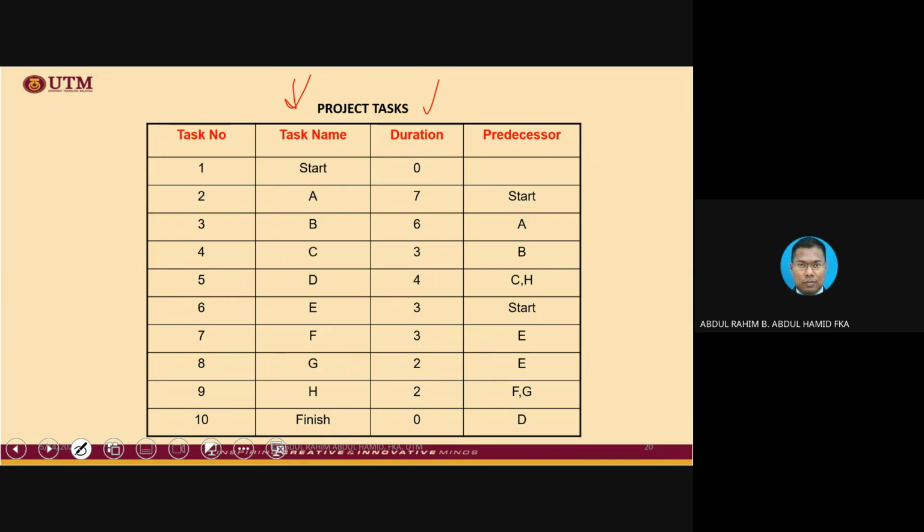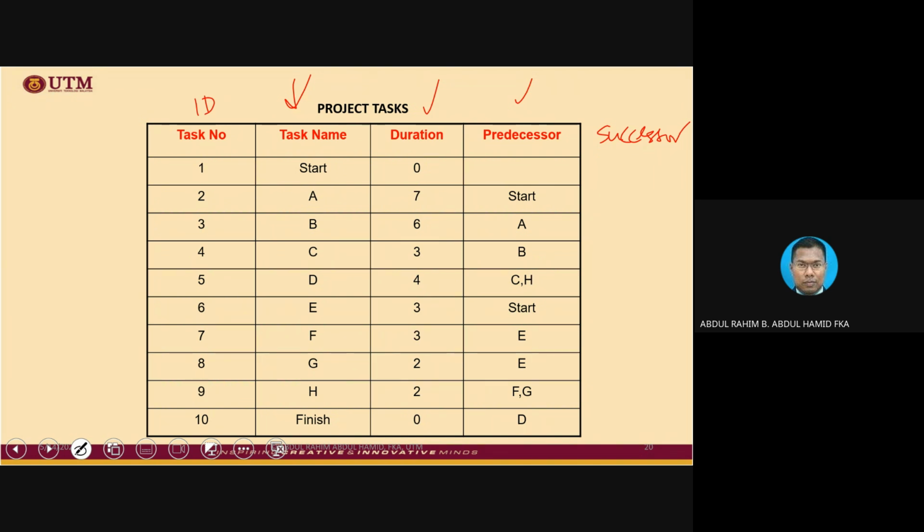We put into proper unit, maybe days, for instance, and then predecessor or successor. We can use either one, but by default, predecessor is widely used. And task ID, this is what we call task ID.